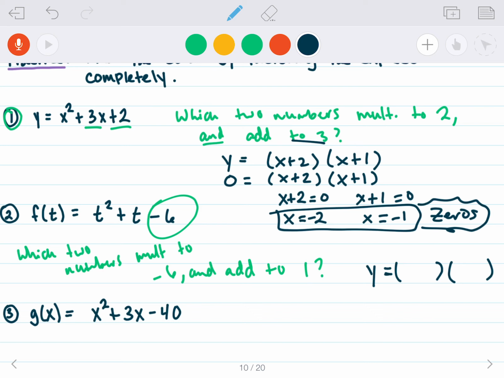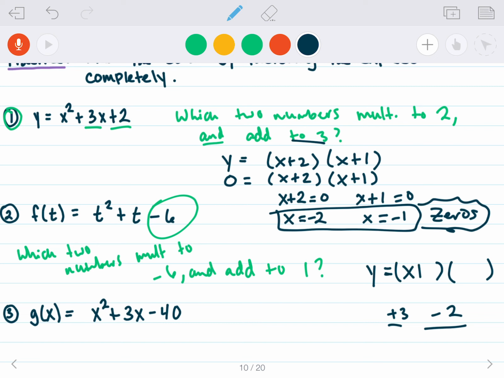Negative 3 and positive 2 do multiply to negative 6, but when you add them, you get negative 1, which is not positive 1. So instead, we should do a positive 3 and a negative 2, right? Because positive 3 plus negative 2 is positive 1, not negative 1.